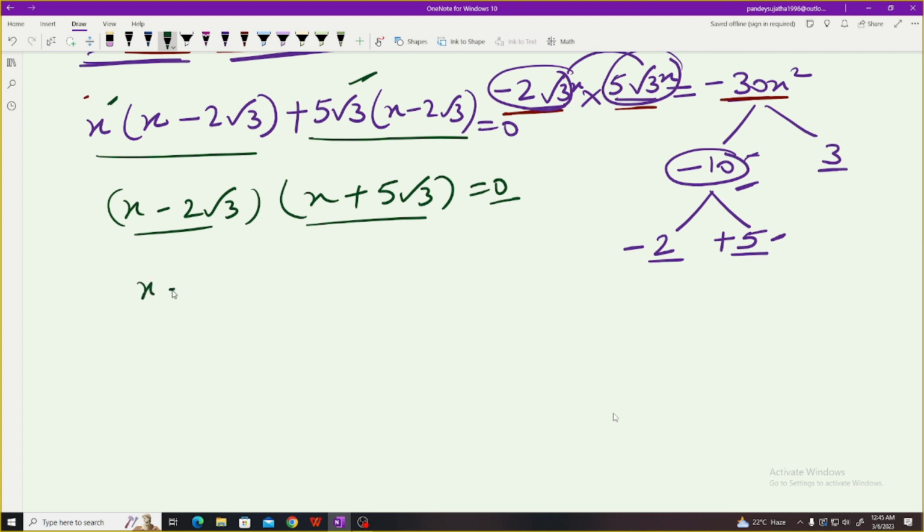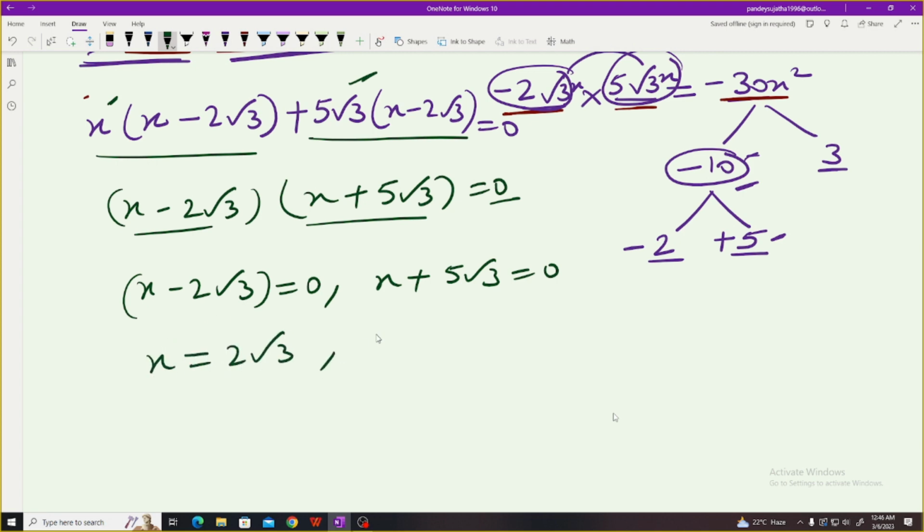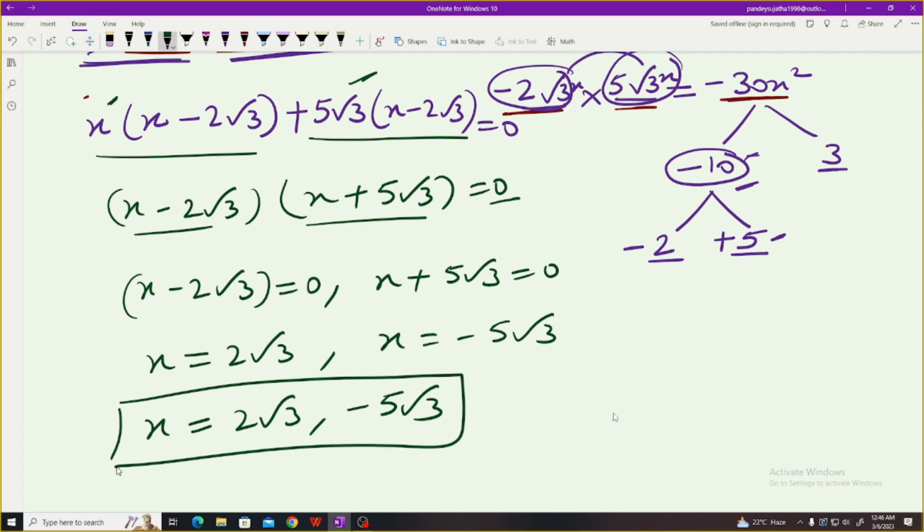Equate each with 0. x minus 2 root 3 is equal to 0, and x plus 5 root 3 is also equal to 0. So x will be equal to 2 root 3, and x will be equal to minus 5 root 3. So we get the zeros: 2 root 3, and the other zero is minus 5 root 3. These are the zeros of the equation.